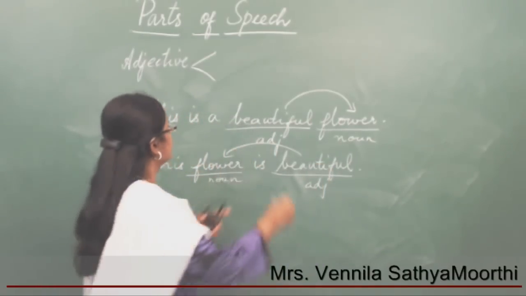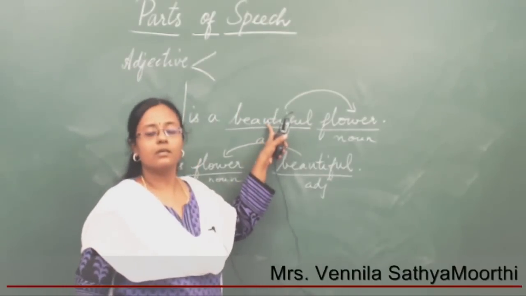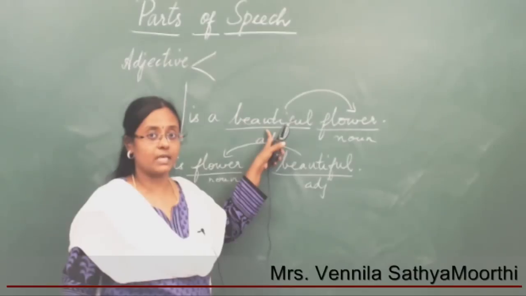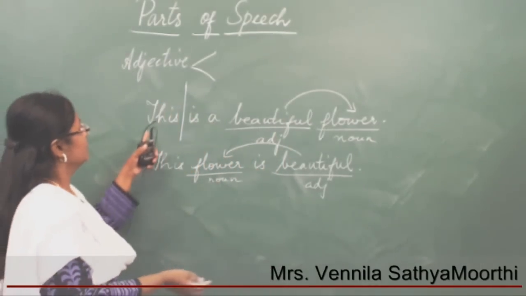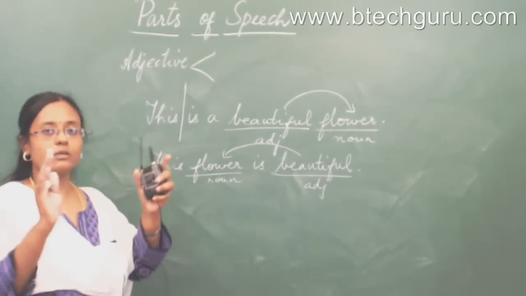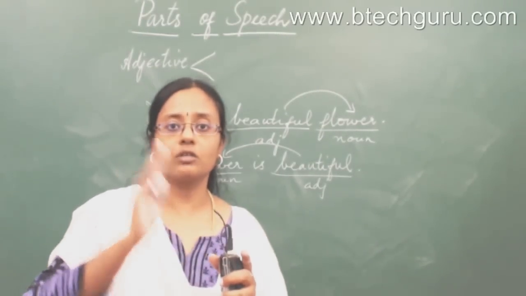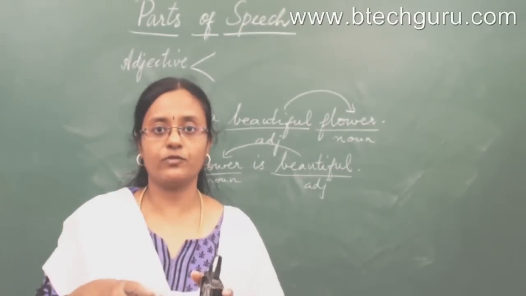So here we see the word is found in the predicate part of the sentence. I hope you are familiar with the subject and predicate. If not, I'll just mention it here. See, the most important thing the sentence talks about is the subject of a sentence. Now, how do you find out the subject of a sentence?